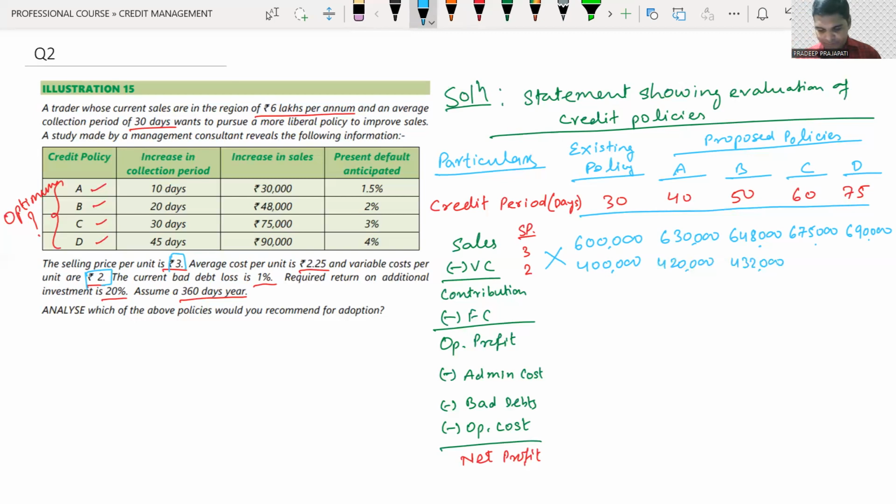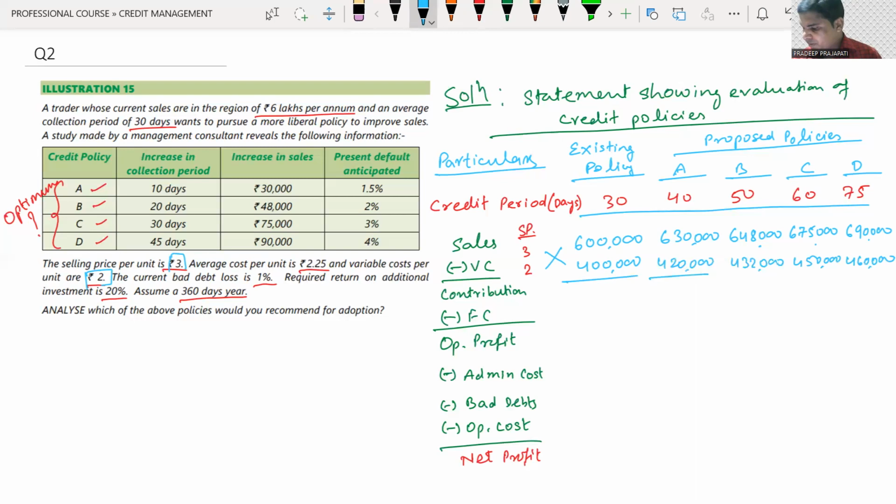Then 675 into 2 divided by 3, it is 450. And the last one, 690. 6,90,000 into 2 divided by 3, it is 460.